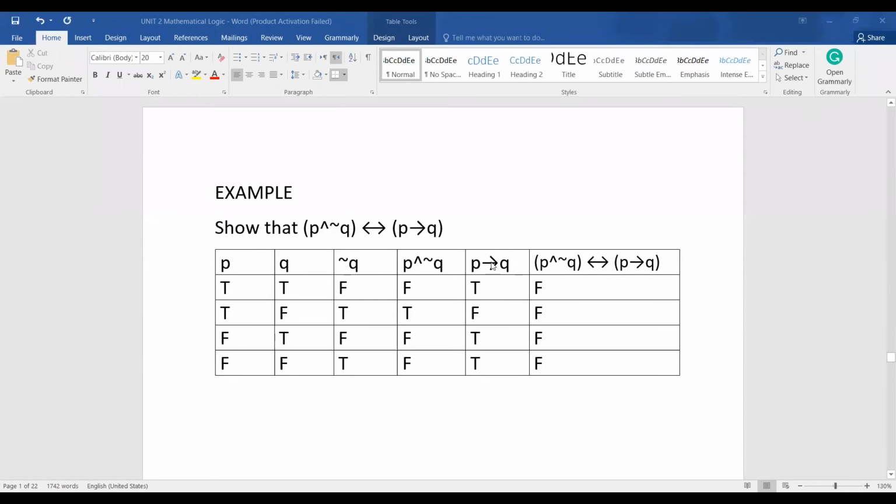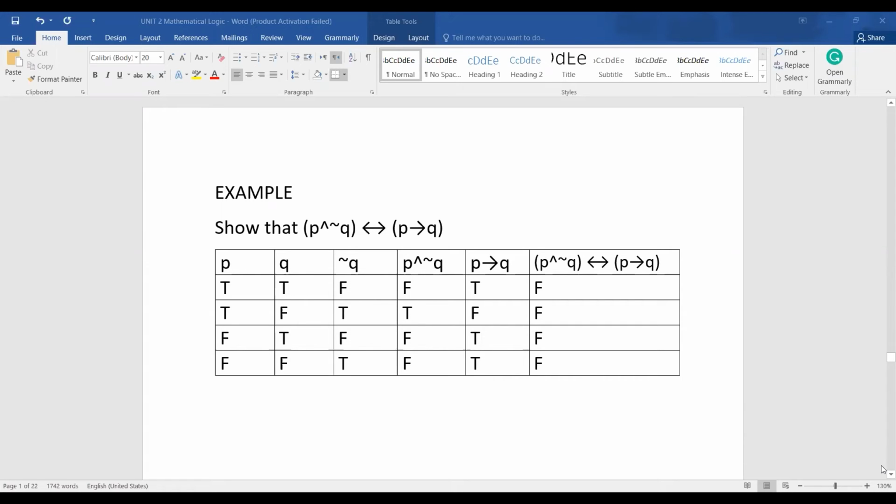You don't need to worry about the entire expression. You just write the simplest forms. First she wrote P, then she wrote Q. After Q, we need the negation of Q, so after she wrote Q, she made a table for negation of Q.